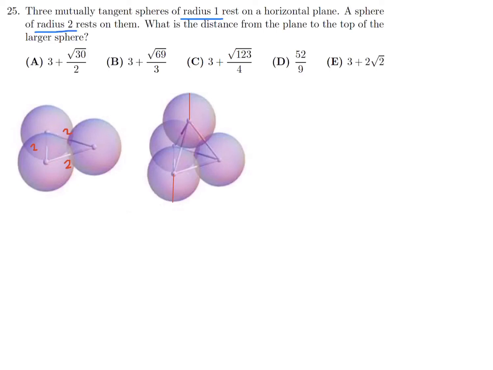And the last component, which we concentrate on the most in this question, is from the middle of the top sphere down to the base of that triangle. If we add up those 3, that will be the height of the total figure.